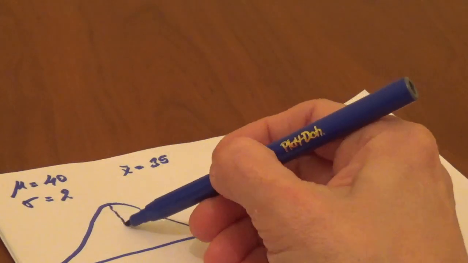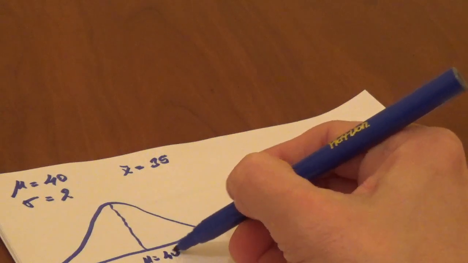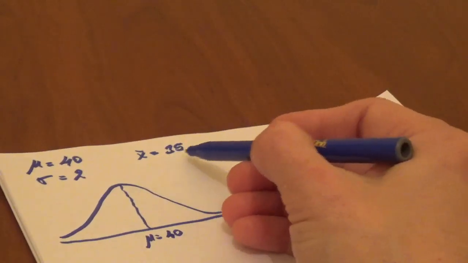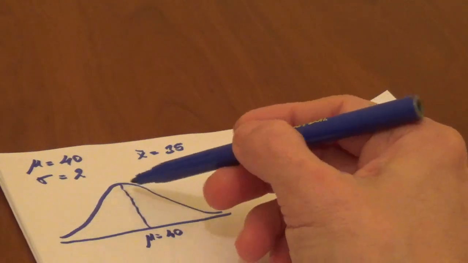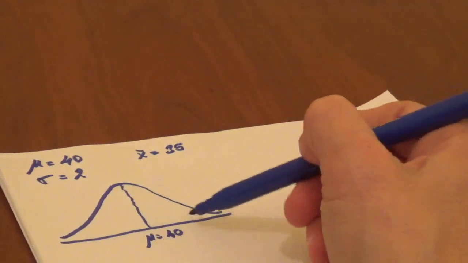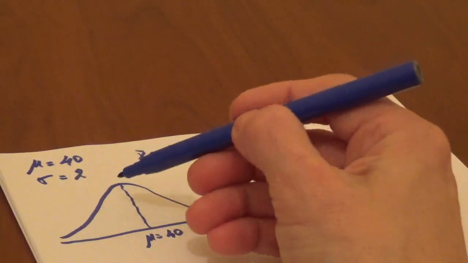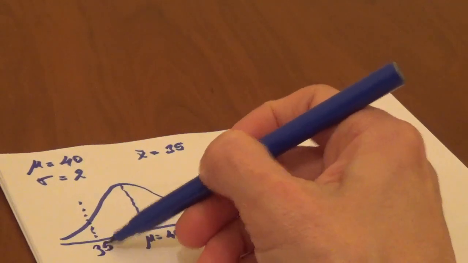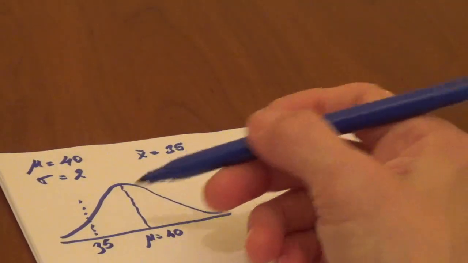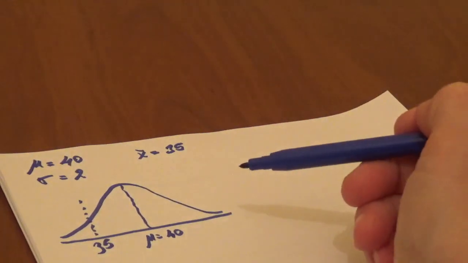So the target value is mu equal to 40, and we would like to know the probability, the area under the curve, less than or equal to 35. So 35 can be somewhere. In order for us to find the area under the curve, we need to find the z value.